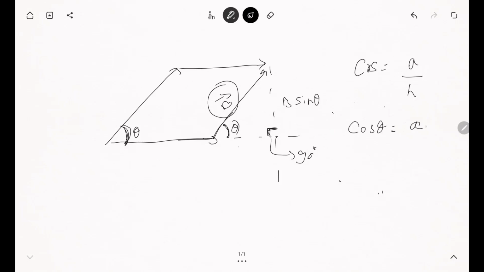We don't know adjacent, let's leave that blank, by hypotenuse, that is b vector. So b vector cos theta will give you the adjacent side. All right, so now we can say this as b cos theta, this side. So now we got this side and this side.